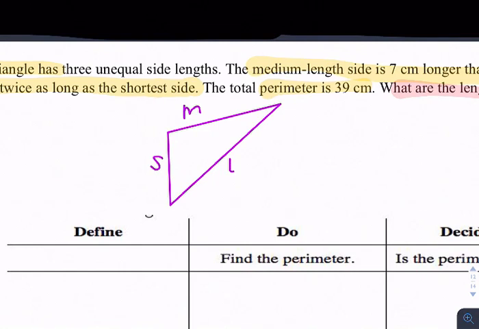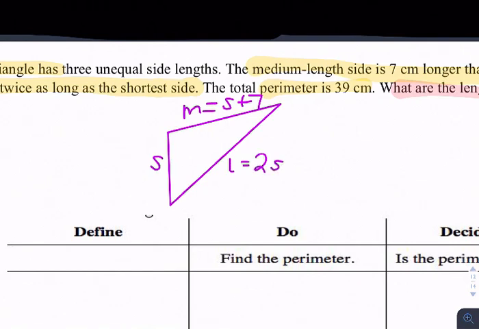And now they gave us the information that the medium side length is 7 centimeters longer than the short. So to get the medium, I'm going to do the short and add 7. And then for the long side, it says it's twice as long as the short. So 2 times the short, or 2s.